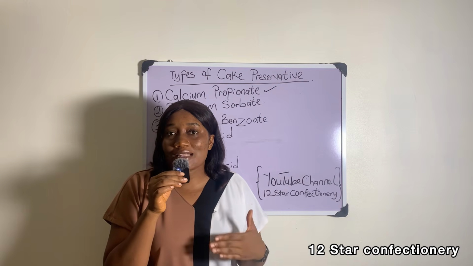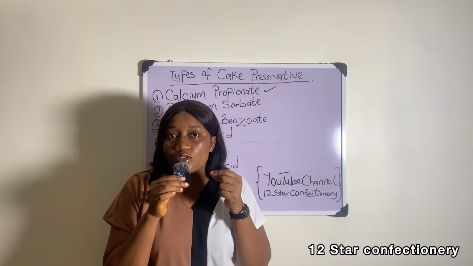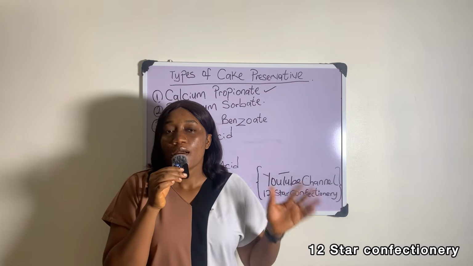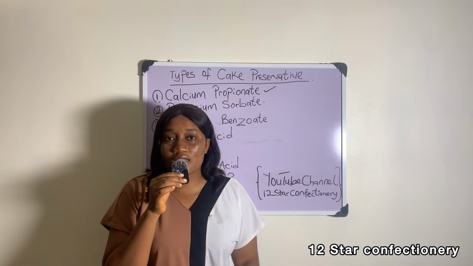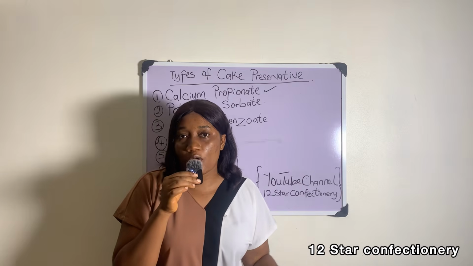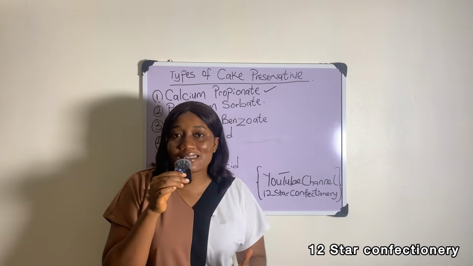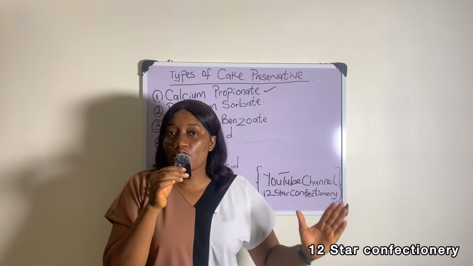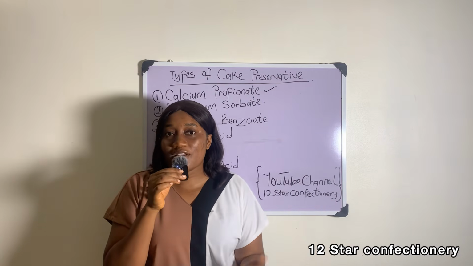So as you are adding, you need to keep on tasting it to know if it has changed the taste of your cake. But if you don't want to take any risks, just add 0.5, maybe next time you also try 0.6, but the limit is 0.5 to 0.25.